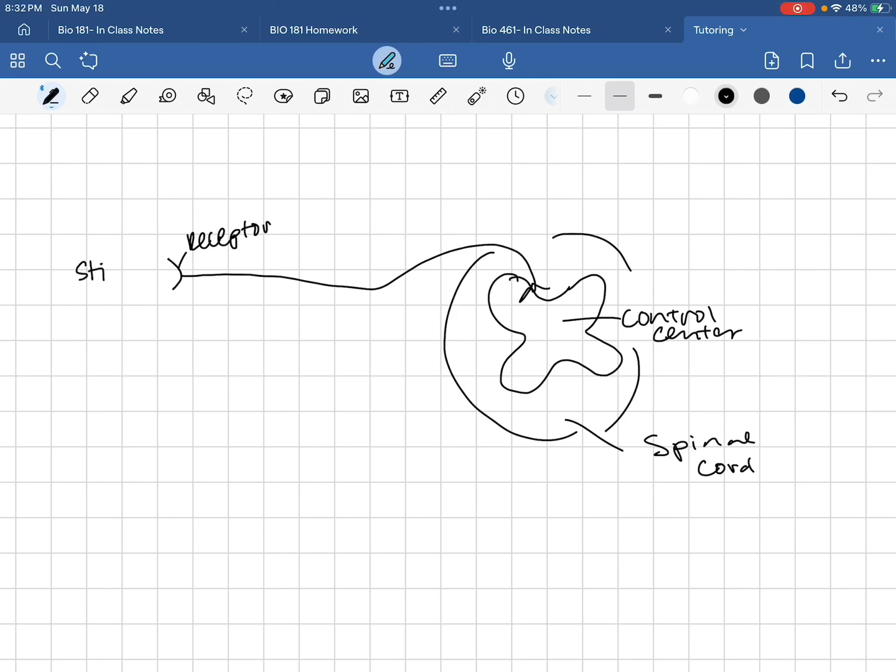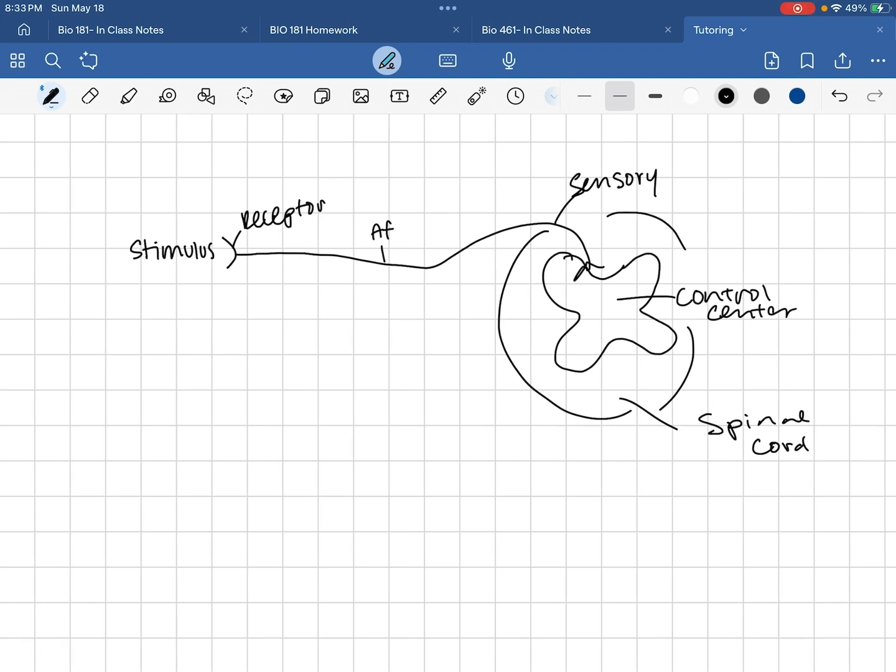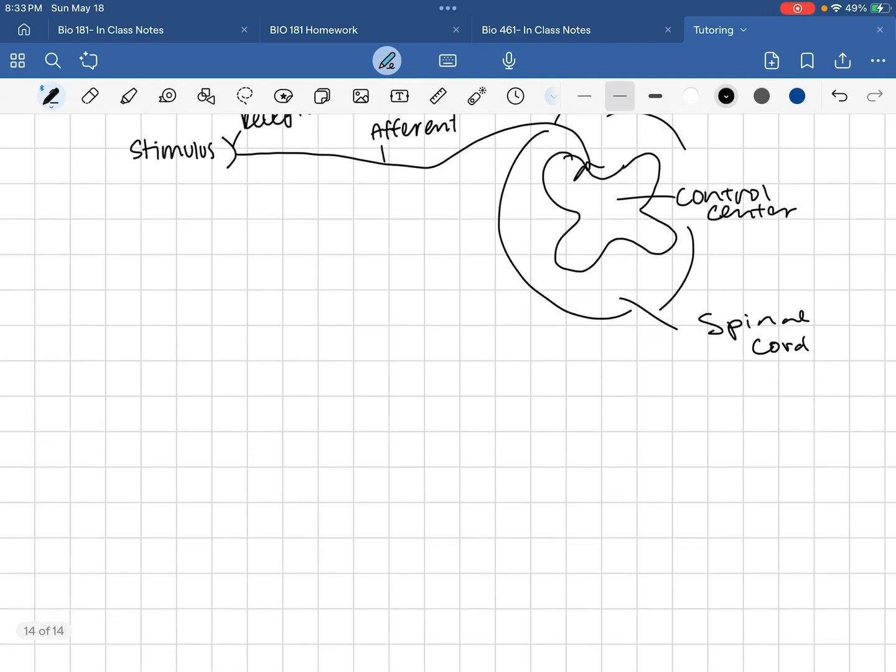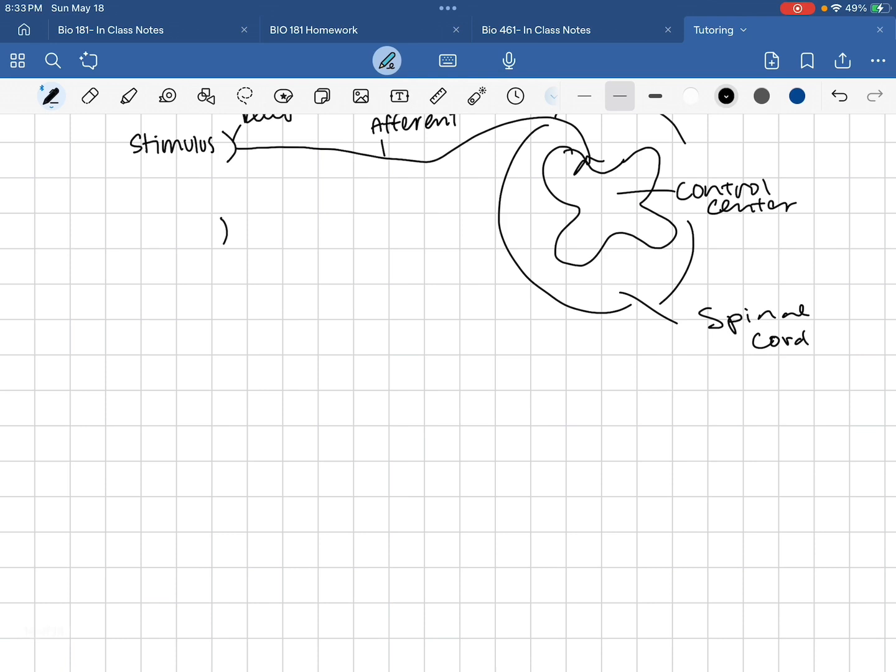So the stimulus happens right here, our receptor notices it, and that causes an action potential down this neuron. Since it's going to the control center, this one right here is our sensory afferent neuron, meaning it's going to the spinal cord. So afferent. And then we have one that goes out to produce our executive function, and this one produces the response.